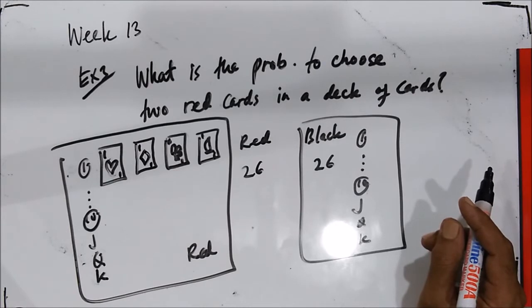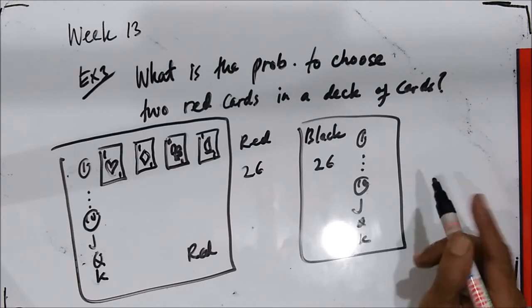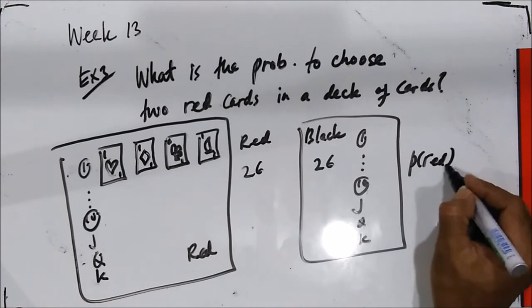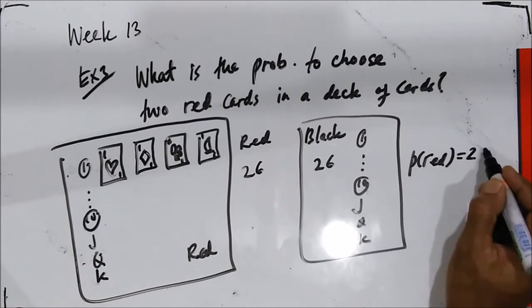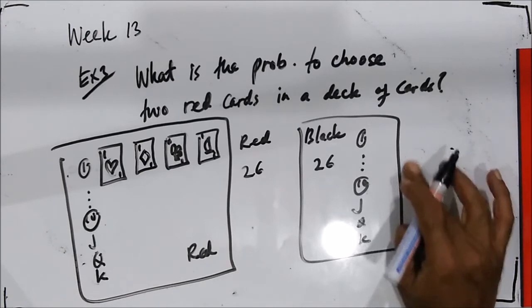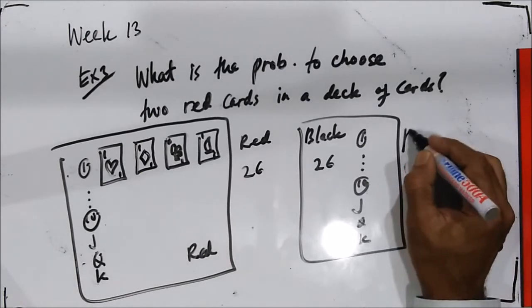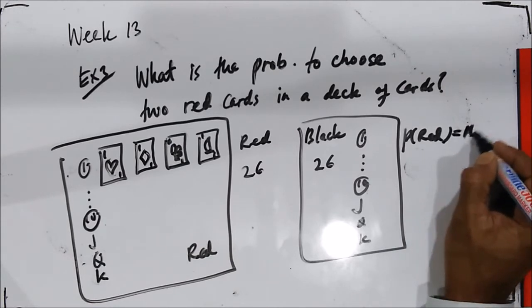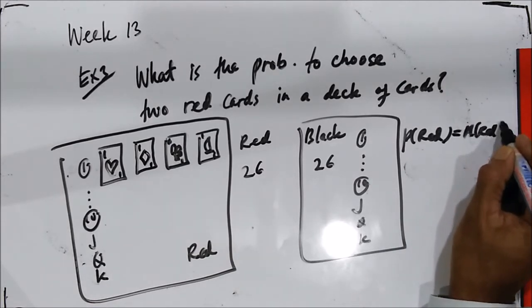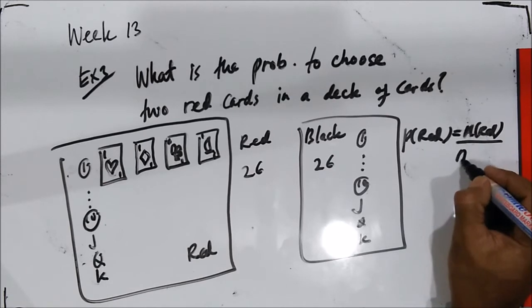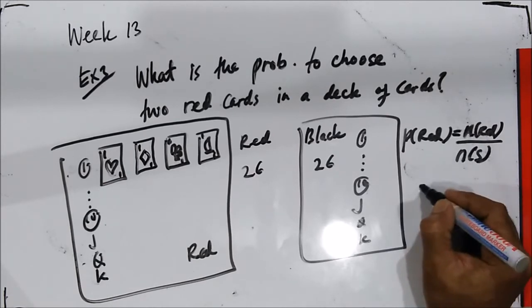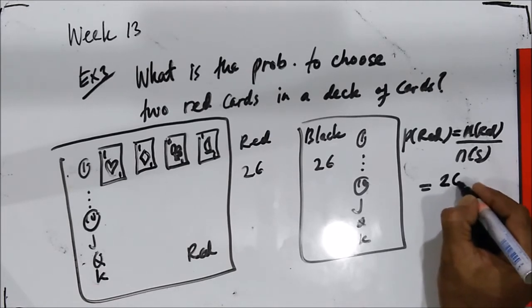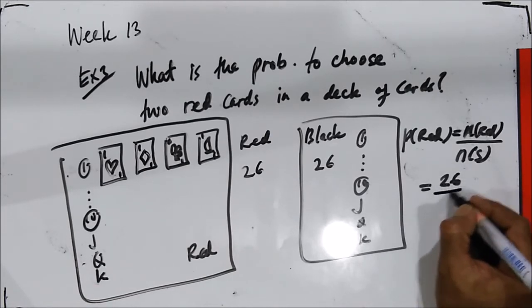Okay, we have 26. So I want to find the probability of getting 2 red cards in a deck of cards. So the first one, probability of red, P red, is equal to N red over N S. So the number of red here is 26 over 52.